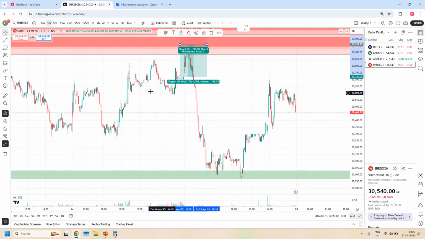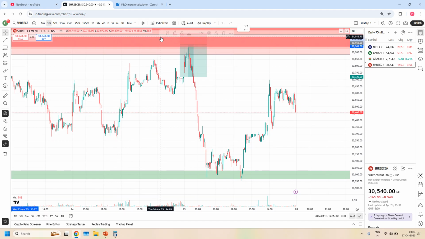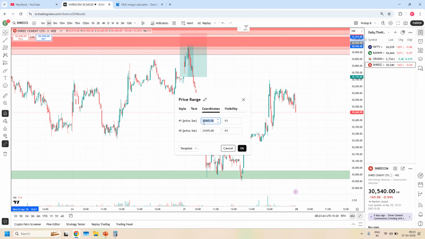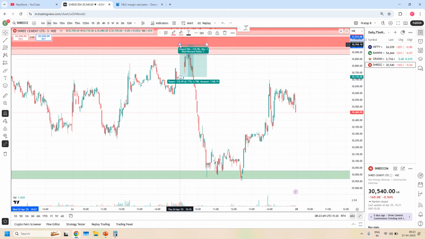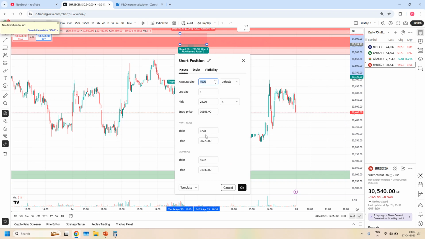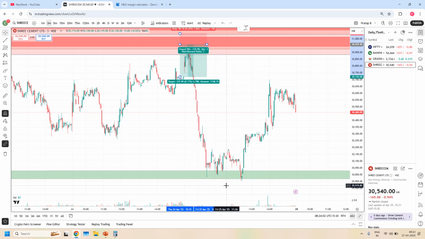Then what is your stop loss? Stop loss in general is supposed to be your distal line. What is the distal line value? But what is the value it is showing? Stop value 31,040. Why is there a difference?